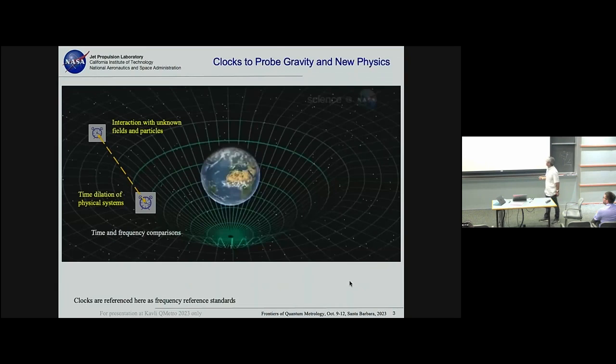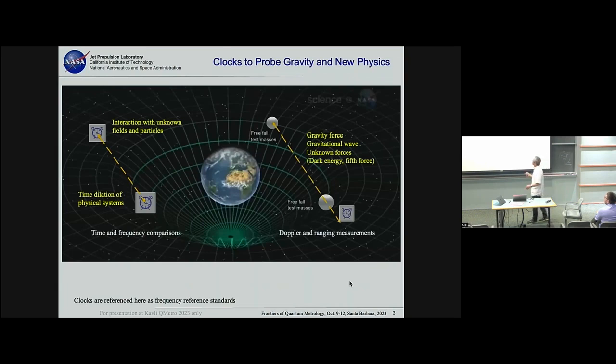Most gravity measurements, however, are not for time dilation or clock ticking rate change, but rather have test masses and use laser ranging to look at the Doppler or the distance change.